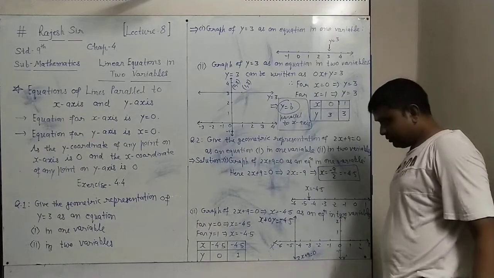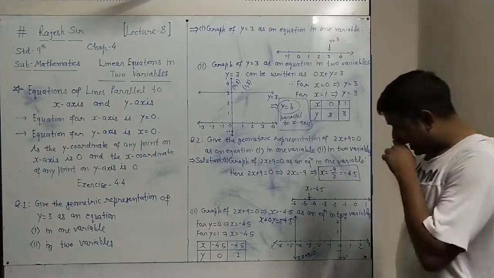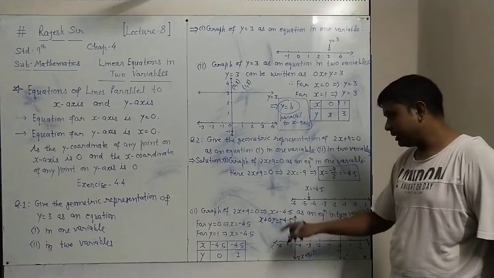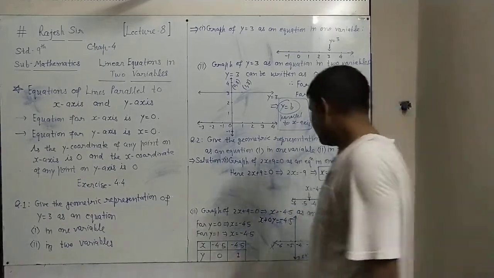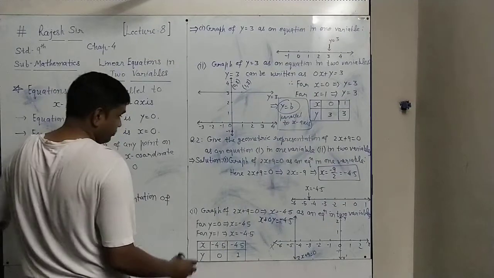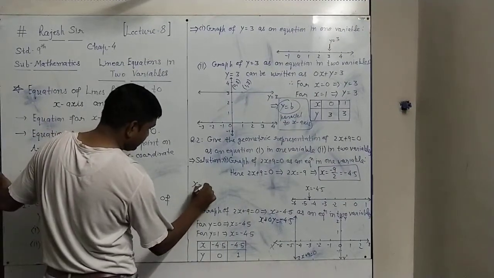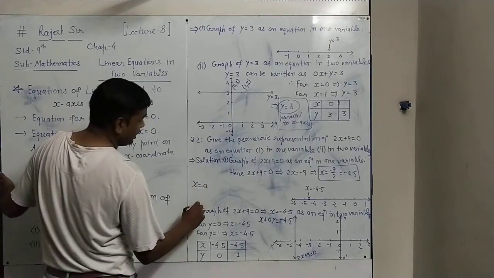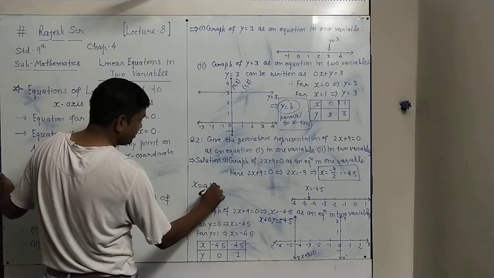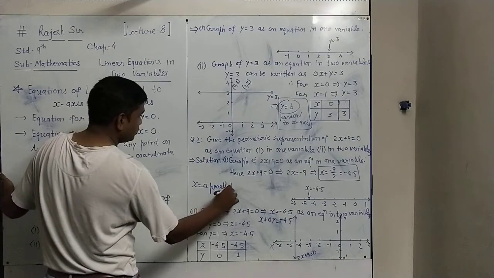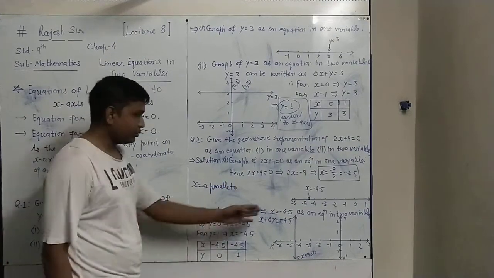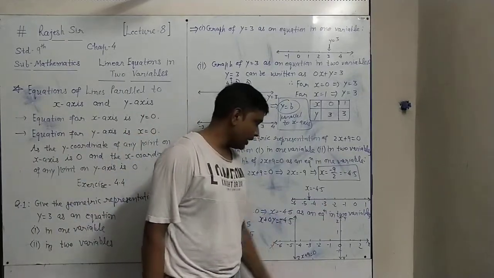So here you can note one thing: it is x equal to something and y is not there. So this is the type x equals a. The x equal to a type graph will always be parallel to the y-axis; you can see x equal to minus 4.5 is parallel to the y-axis.